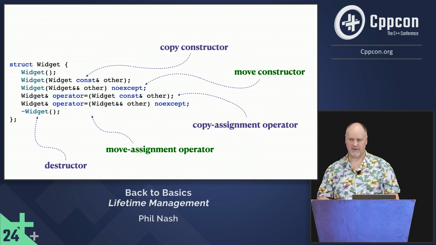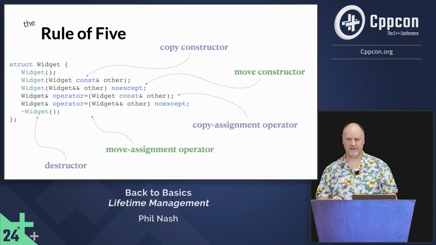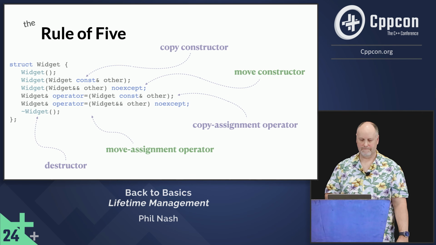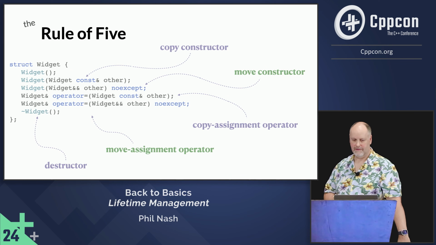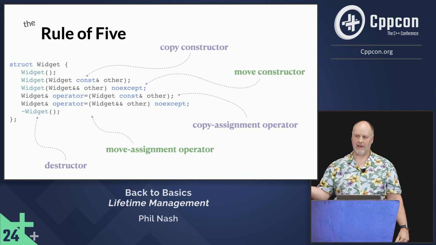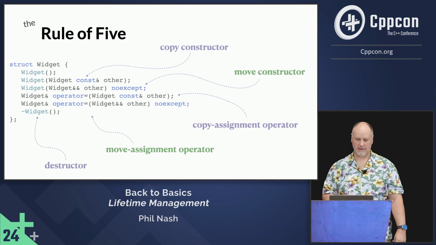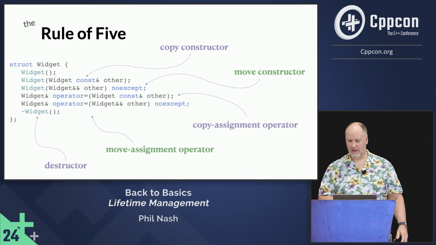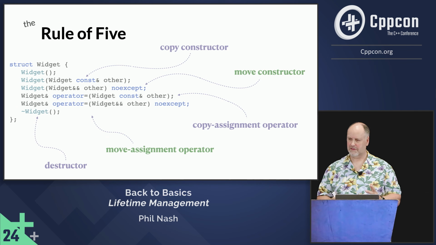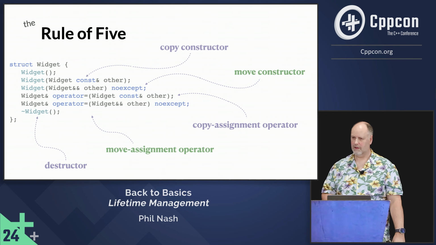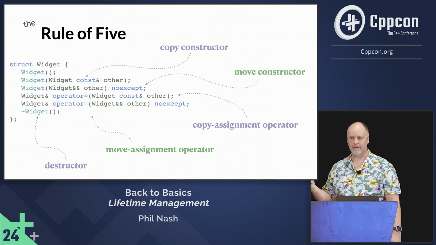Because we wanted move semantics, we added 2 more, and that gives us, finally, the rule of 5. So again, the rule of 5: if you need one of these and you want move semantics, then you probably need all 5. If you don't need to optimize for moves, the rule of 3 is still available to you. You may only need to implement 3. It's a bit less work. Because this stuff can be hard to get right. Hopefully you've seen that by now.